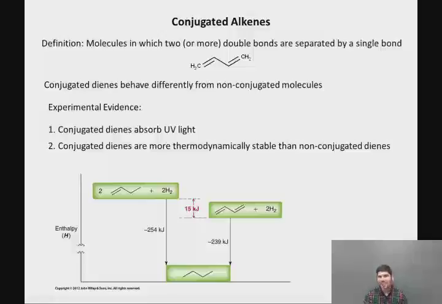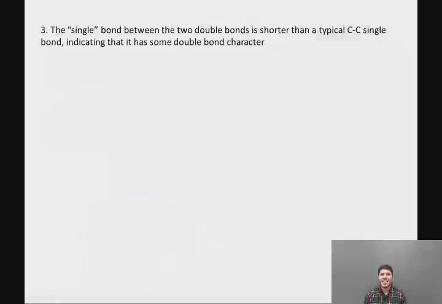That may not sound like a lot, and it's not a lot, but it's still enough to cause some differences in reactivity in order to favor this arrangement. Then finally, the single bond between the two double bonds is shorter than a typical carbon-carbon single bond is, which means that it actually has some double bond character.